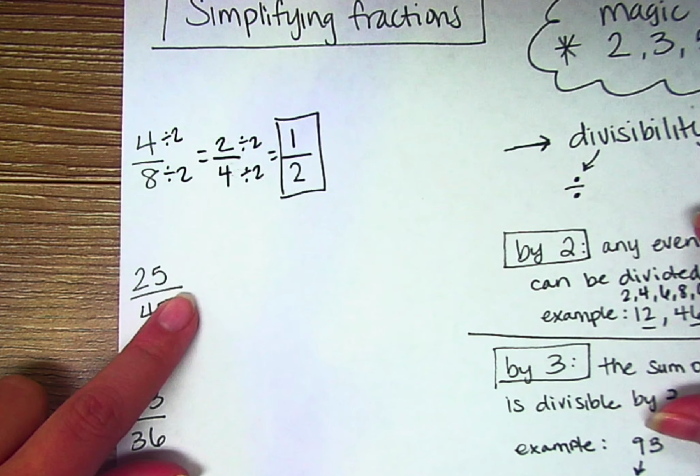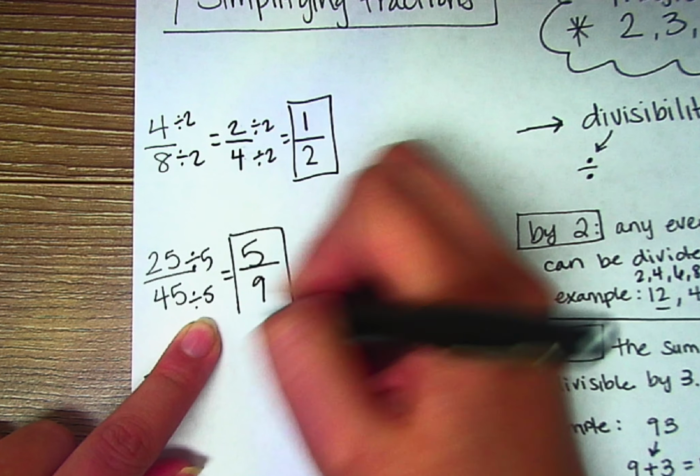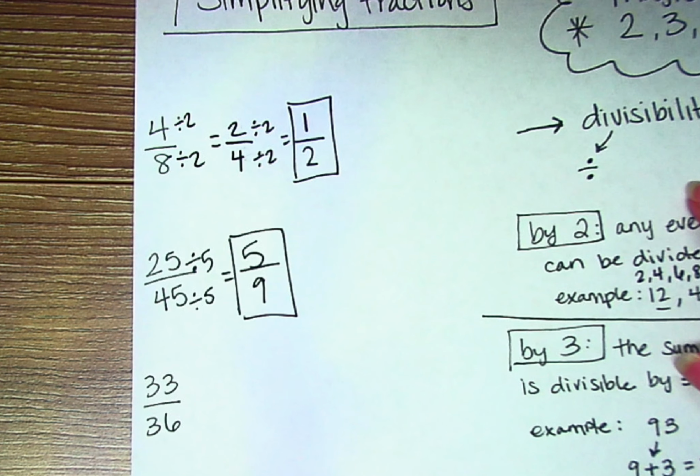So no, I can't divide that by 3, but I can divide it by 5, because both of my numbers end in 5. So let's go divide the top number by 5 and the bottom number by 5. So 25 divided by 5 is going to give me 5, and 45 divided by 5 is going to give me 9. So that is my final form.